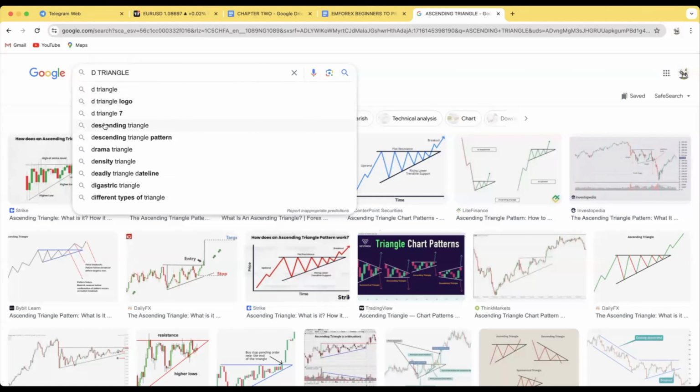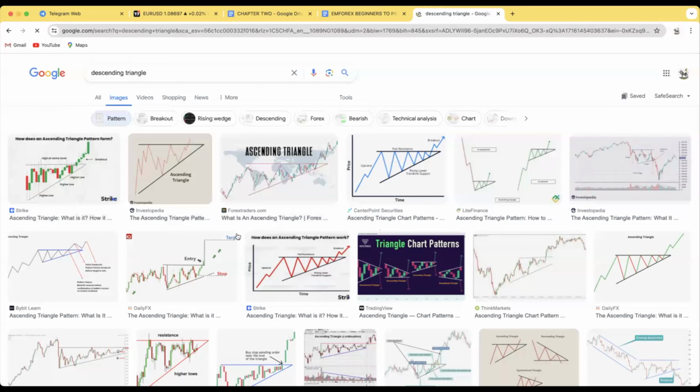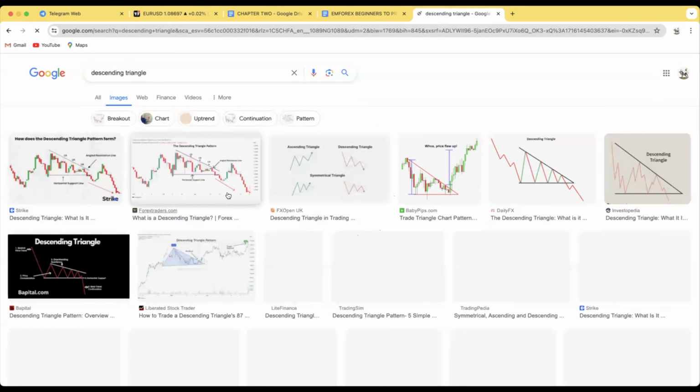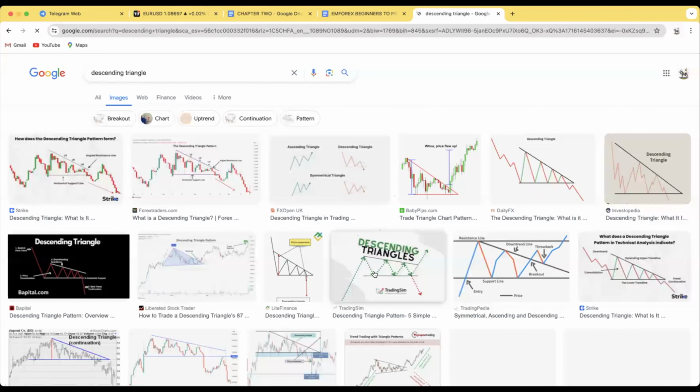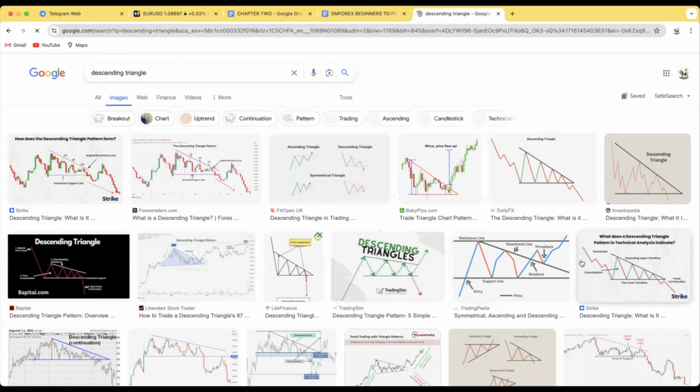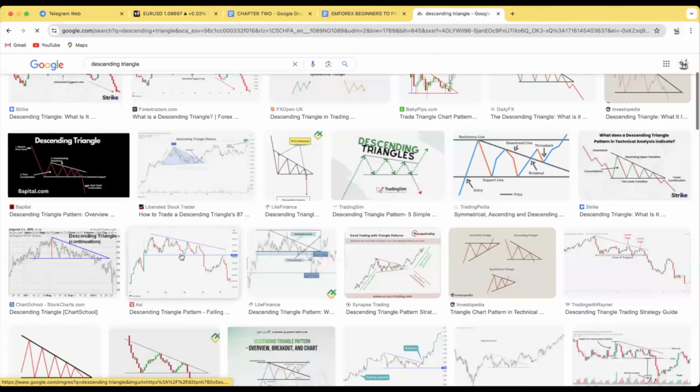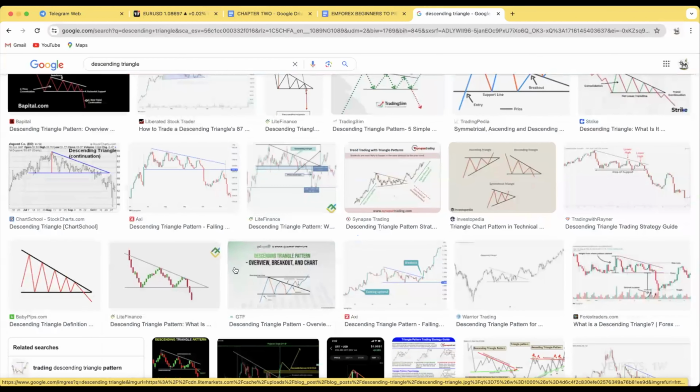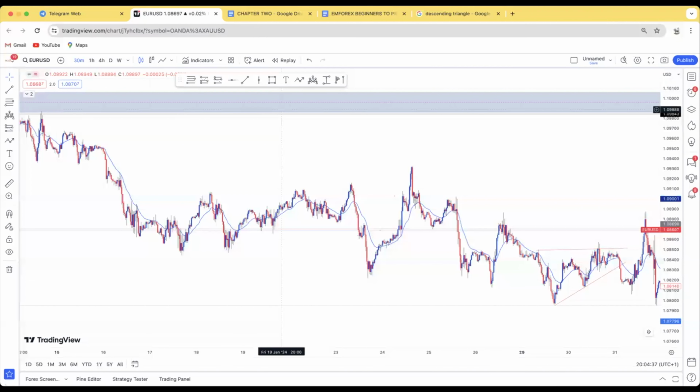The descending triangle is the opposite way. Price will come, range, and then break to the downside. Ascending is when it's breaking to the upside, descending is when it's breaking to the downside. That's just the way it is.